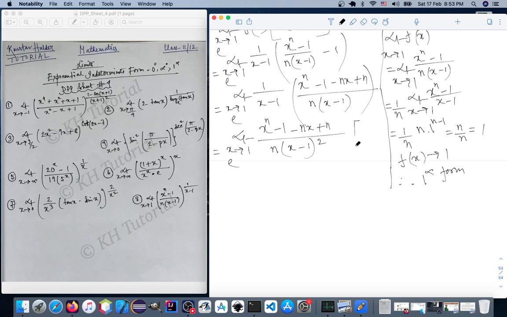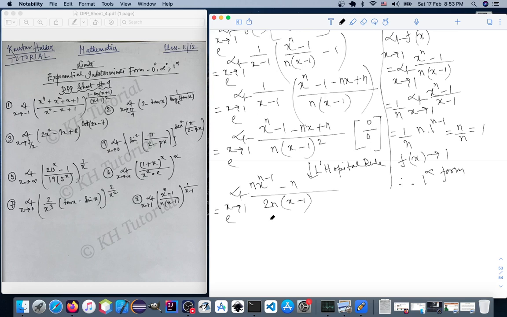Now this limit is of the form 0 by 0. So we apply L'Hopital's rule, and we get n x to the power n minus 1 minus n divided by 2n x minus 1.